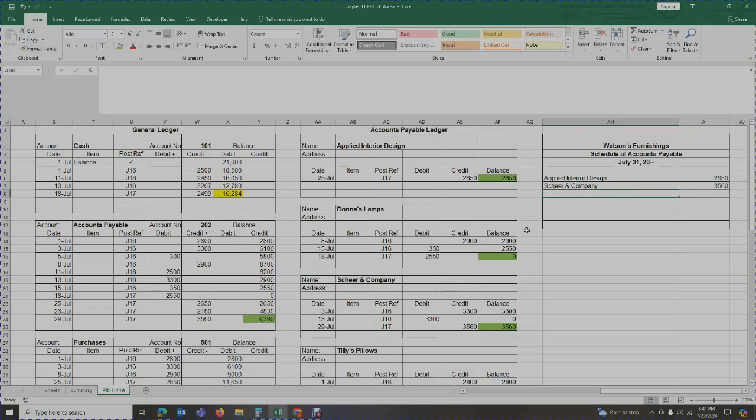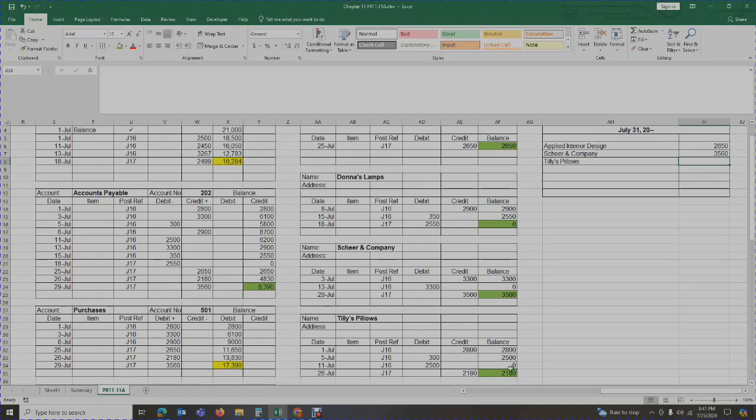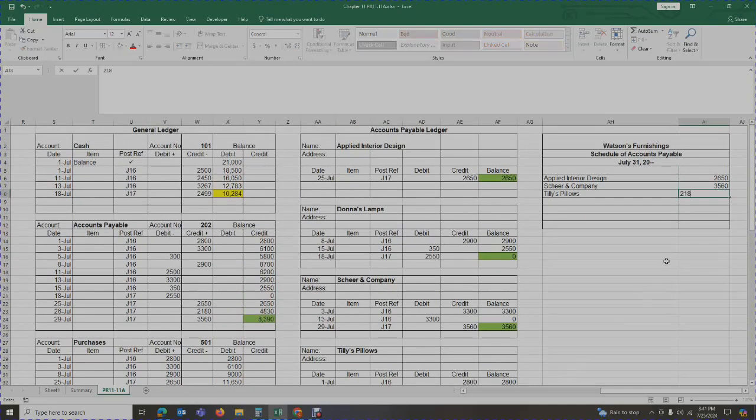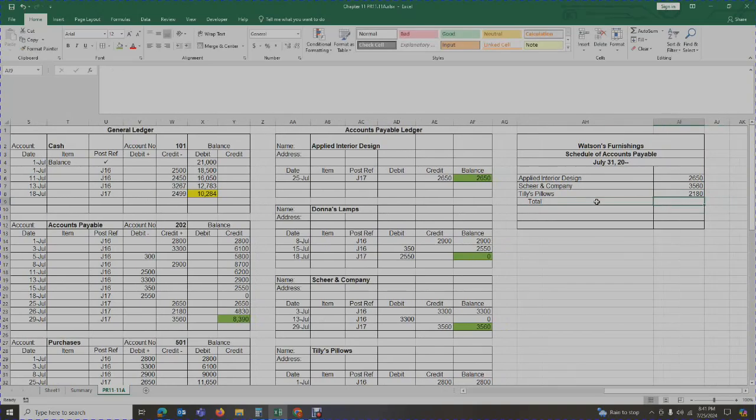Okay. And then we have Tilly's Pillows. So all we're doing is bringing in the balance from your accounts payable subsidiary ledger. For Tilly's, we owe $21.80. Okay. So that is what we owe. We're going to go ahead and get our total.